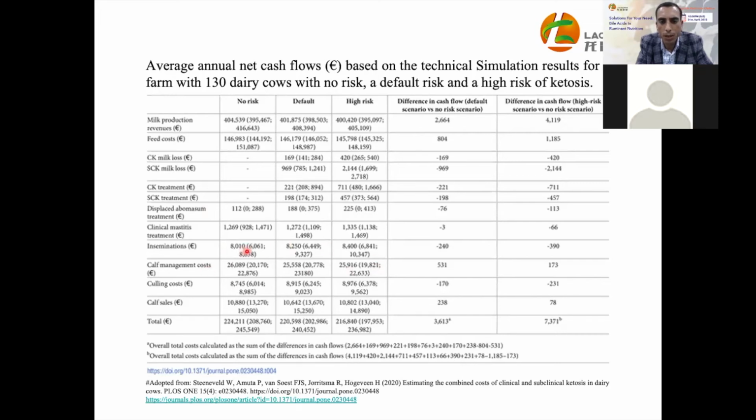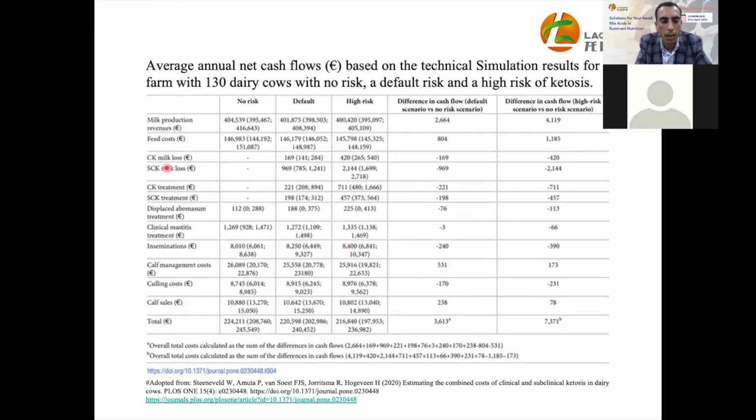If we look at the insemination, we can see the cost is higher when the cow is in high risk, because ketosis affects fertility, not only milk production, but also fertility and health.